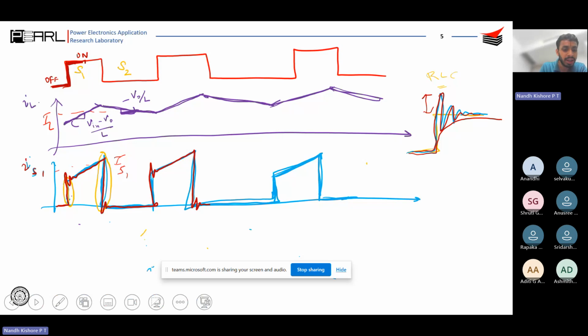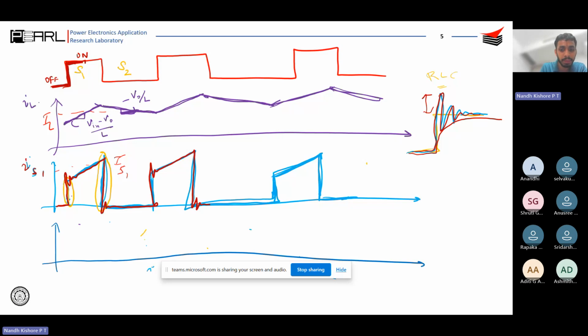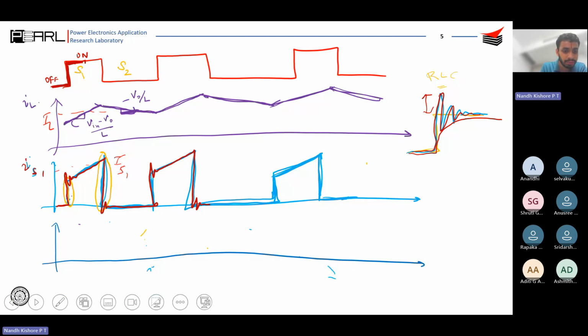And if you think about the device voltage, what would be the voltage blocking of the device? When the device is on, it is generally on in the ohmic region. So the voltage drop across the device, VDS, when the device is on would be I into RDS, whatever is the drain source resistance of the channel.